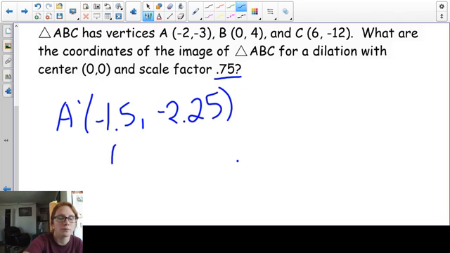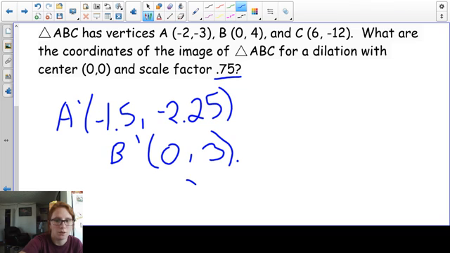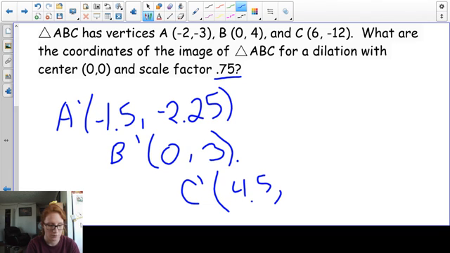B prime will be at 0, 3. And C prime will be at 4.5, -9.